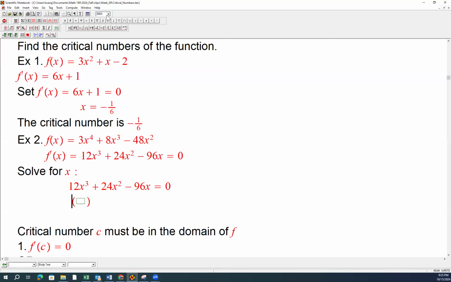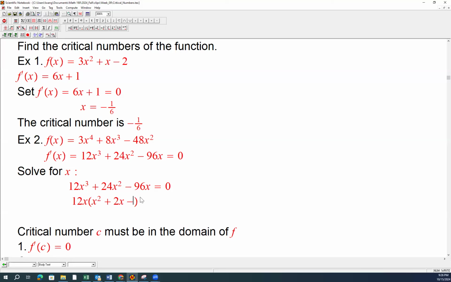If 12 can be factored out, we can also factor out the x. So we'll have x squared plus 2x minus 96 divided by 12.